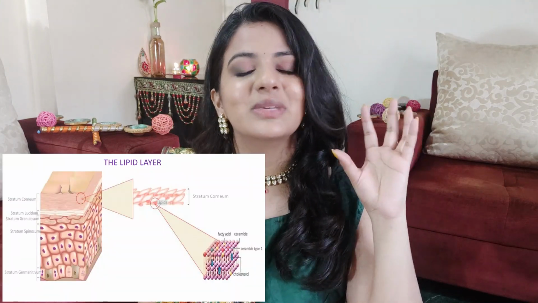So as you guys know, salicylic acid is an exfoliating acid, but it is an oil soluble or fat soluble exfoliating acid. Now that is really good because our skin is made up of lipids, which means fats.